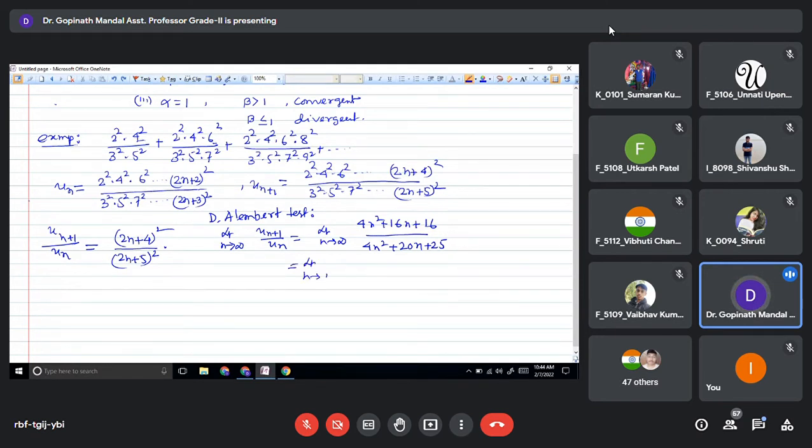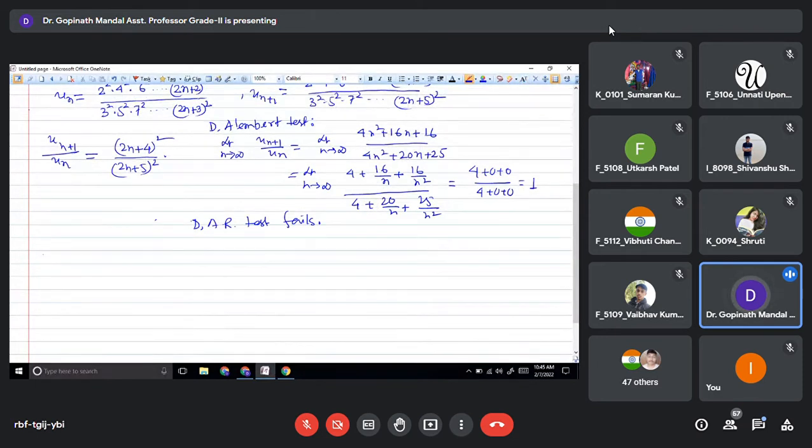The limit n tending to infinity, divide by n square, so this will be 4 plus 16 by n plus 16 by n square, and 4 plus 20 by n plus 25 by n square. So taking limit, 4 plus 0 plus 0 by 4 plus 0 plus 0 is equal to 1. That means D'Alembert ratio test fails because the limit is 1.